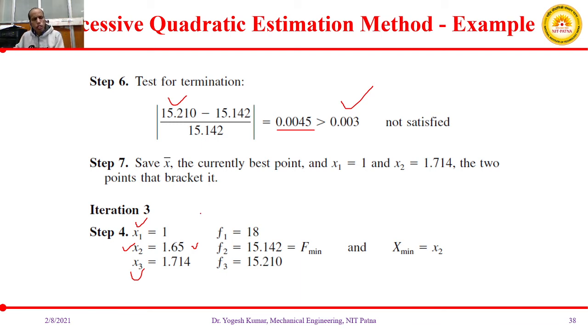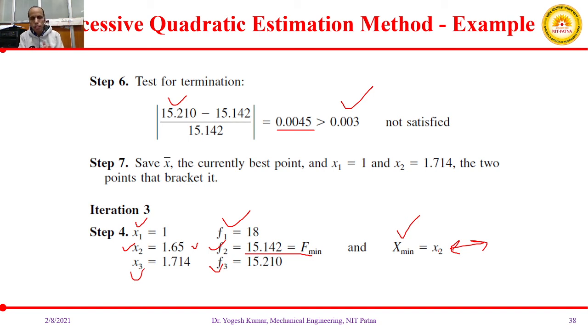Okay, so let us repeat this algorithm, and we have values of the function at f(x1), f(x2) and f(x3). Out of these values, we can say which one has the minimum value. f(x2) has the minimum value, and therefore x minima will be equal to x2.